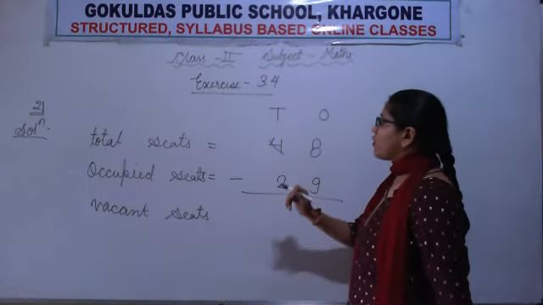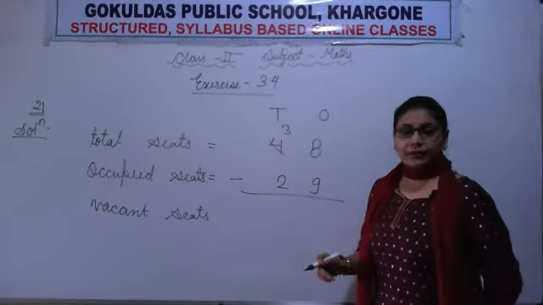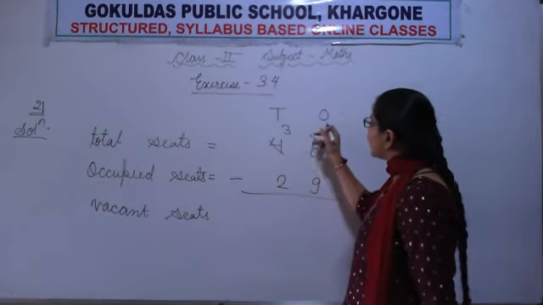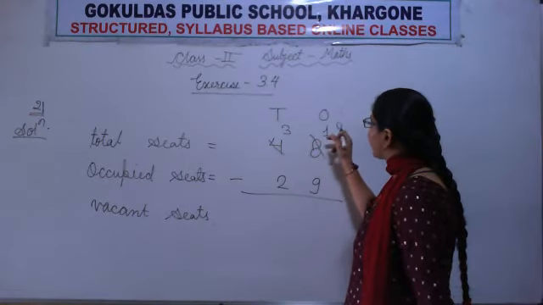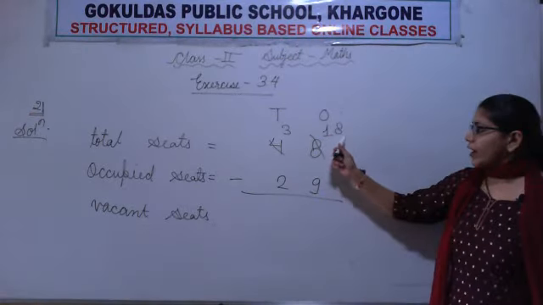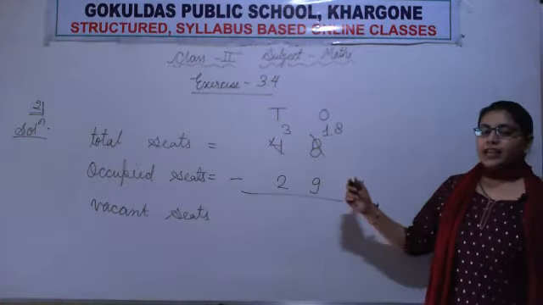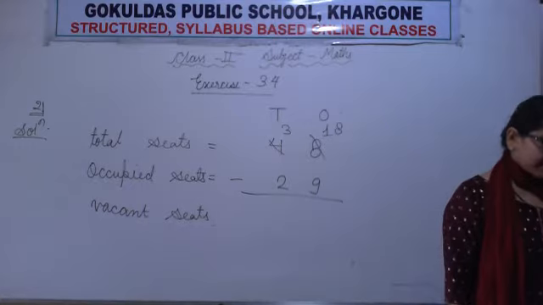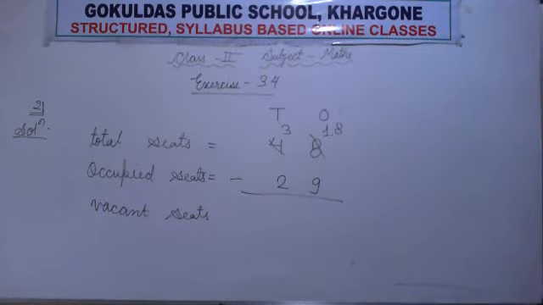So we'll borrow a 10 and this 4 will become 3, and after taking a 10, this 8 will become 18. So now subtract 9 from 18. Now minus 9 is there.